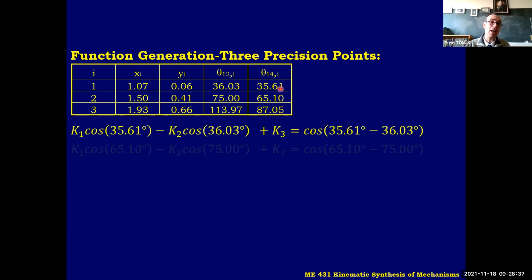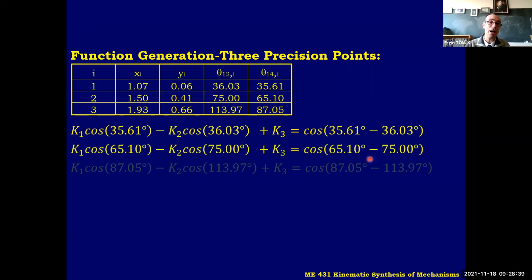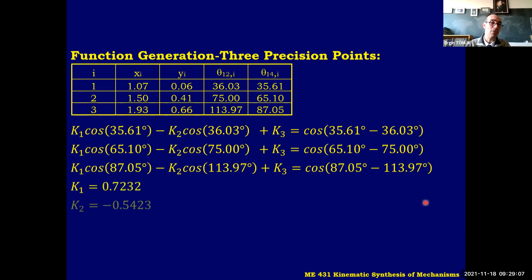So this is what I have, and I have three sets of equations linear in terms of the unknowns, which are the link lengths. And the solution is very easy. Just use matrix inversion, elimination, whatsoever. It's just, okay, unlike the nonlinear equations. So this yields K1, K2, and K3.